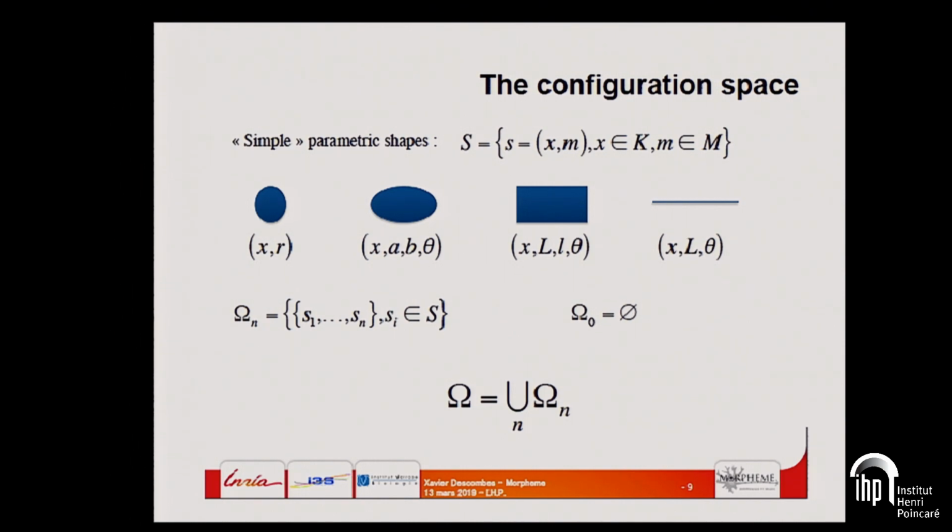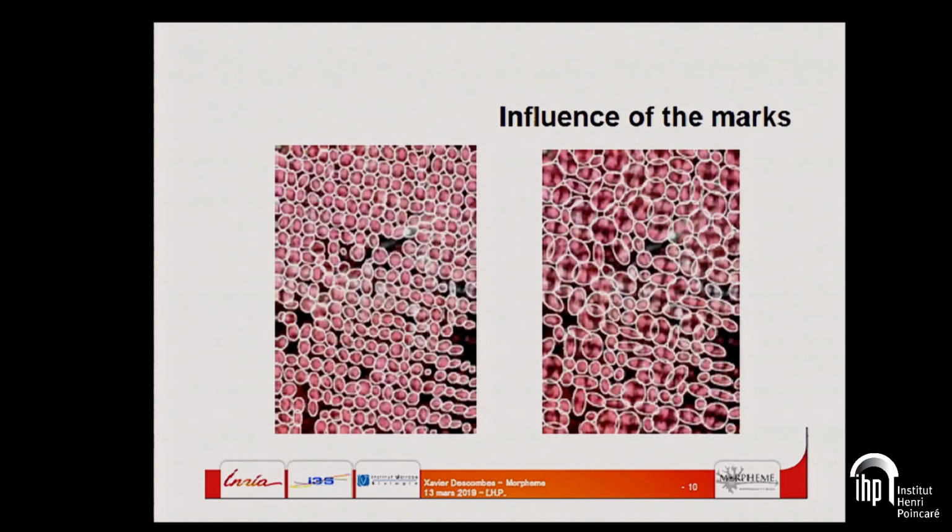One answer can be that if you use some ellipses here, on the left I have reduced the space of marks, and on the right I take a much wider shape space. So if I was correct and I really optimized my model, on the right I should have the same result as on the left.